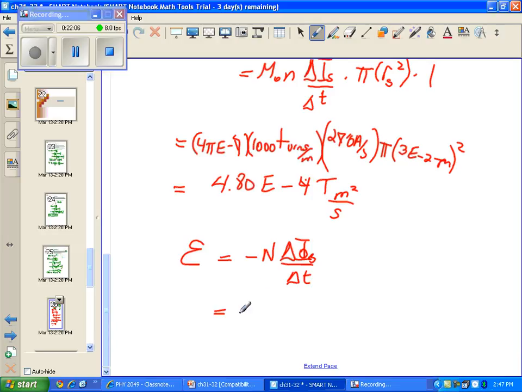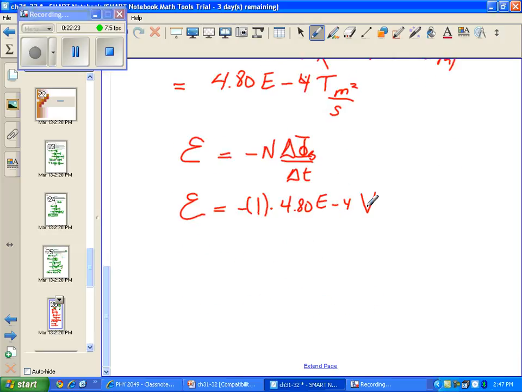Well, we only have one ring, so N is equal to 1 times 4.80 e to the minus 4. And this time, I'm going to write the unit as volts because we're specifically referring to the EMF, and it just sounds better.